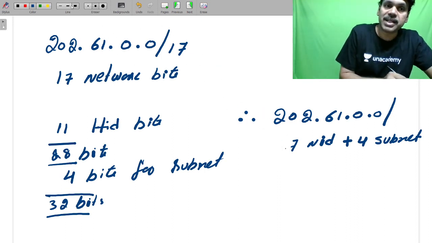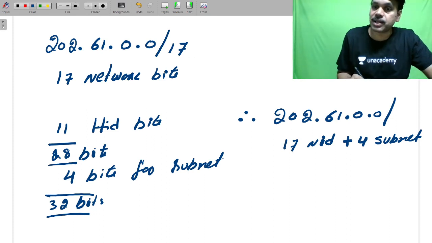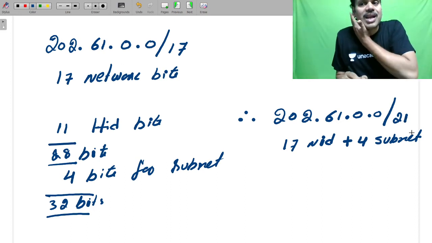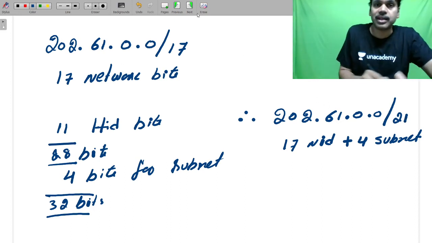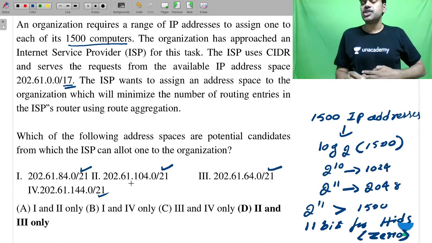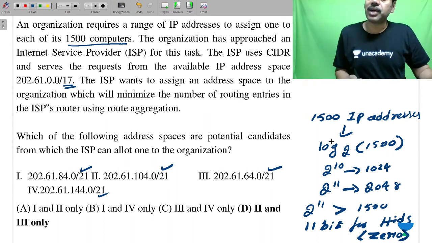So 17 bits NID and 4 bits subnet ID. So your new answer is /21. So you choose the answer which has got /21. They are all correct only. Let us see. /21. Yes, correct, correct, correct. You cannot eliminate any answer because all are with the /21.